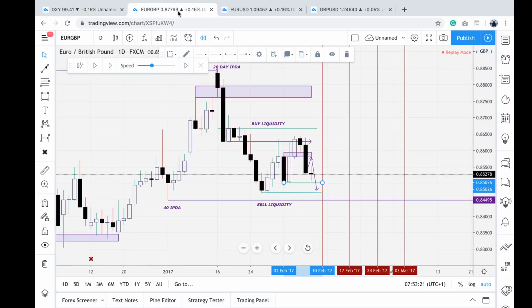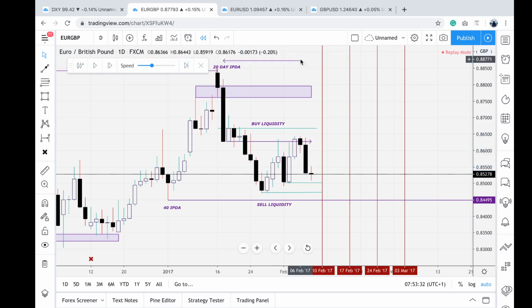Okay, and the British pound. Now we've got to change biases, as this was Monday's price action, Tuesday's price action. So potentially this is a very clean level, right? We're reaching a very deep discount relative to this range low to this range high.